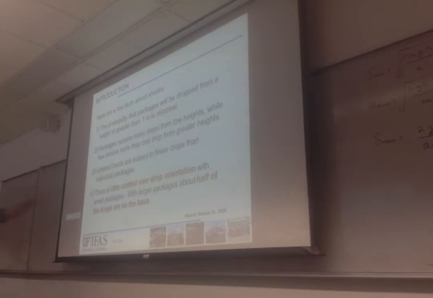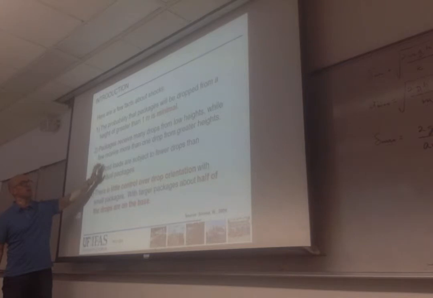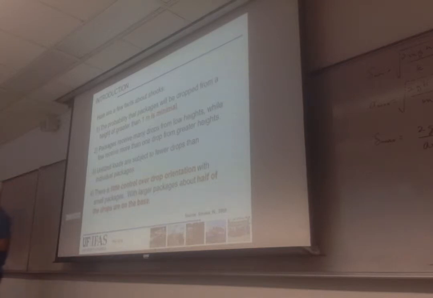So packages will also receive many drops from low heights, while few receive more than one drop from greater heights. Many drops from low heights, partially if you have a mechanical handling system where you're going to have drops, or a conveyor, and the packages are going to fall onto a different conveyor and things like this.